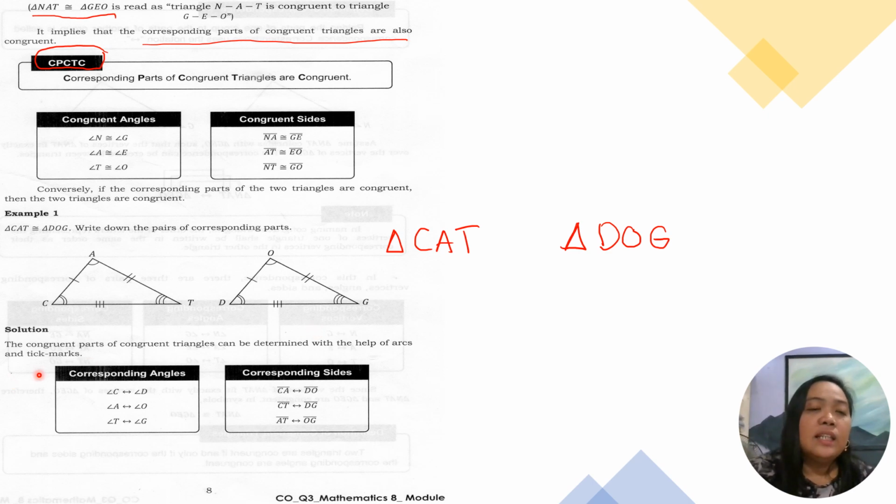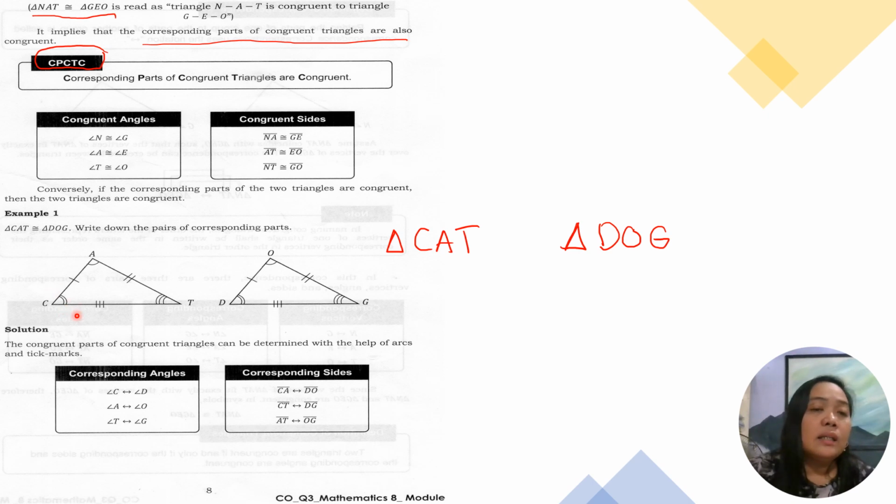Here is the solution. The congruent parts of congruent triangles can be determined with the help of the arcs and the tick marks. The tick marks on the sides of our triangle tell us that each side corresponds to another side of the other triangle.